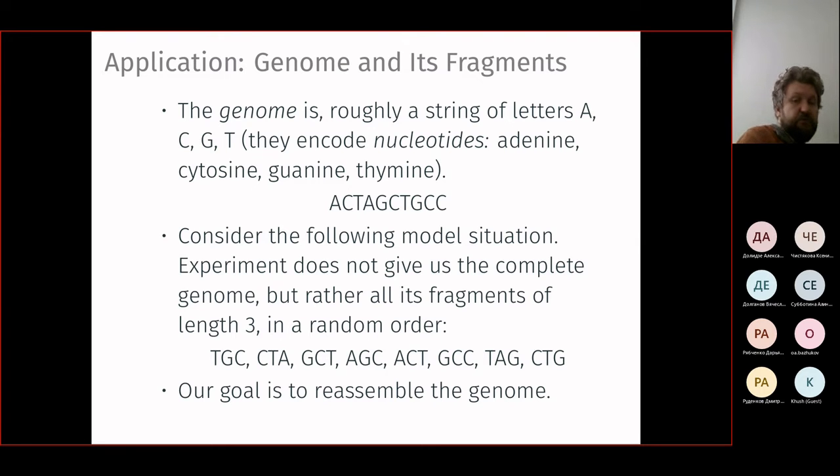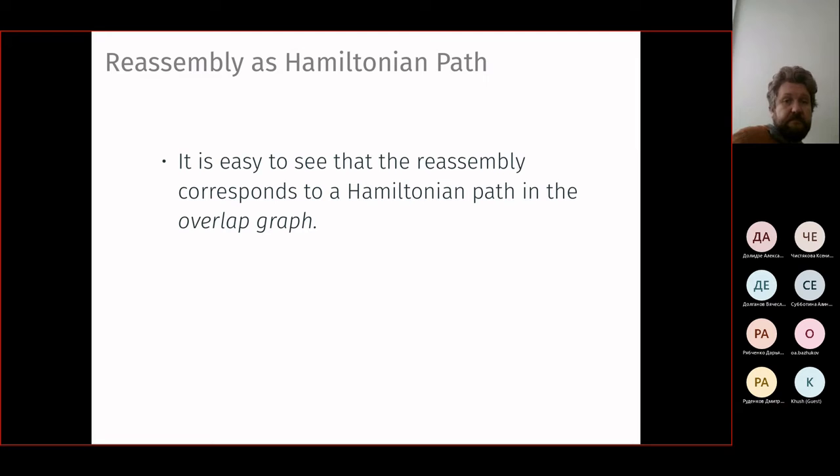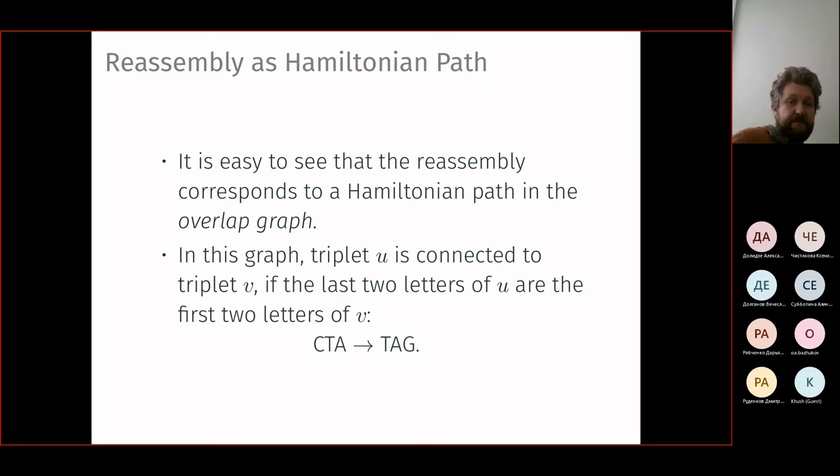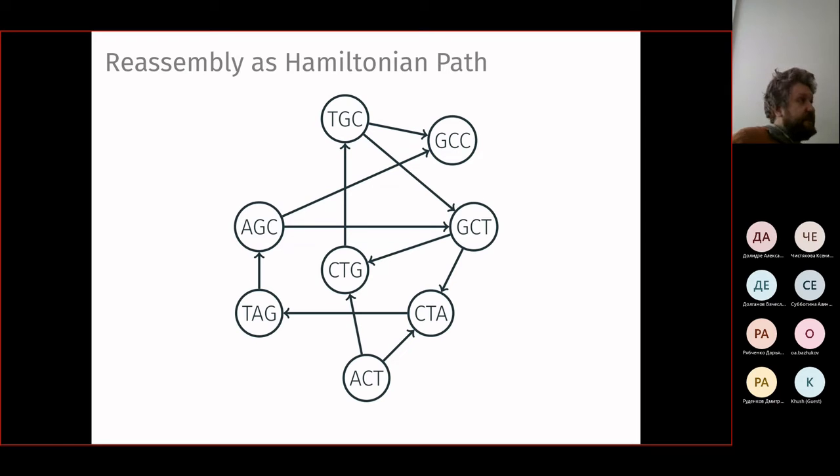And how do we do this? Well, we construct the following overlap graph. Triplet U is connected to triplet V if the last two letters of U are the first two letters of V, like CTA and TAG. This is the graph of our triplets.